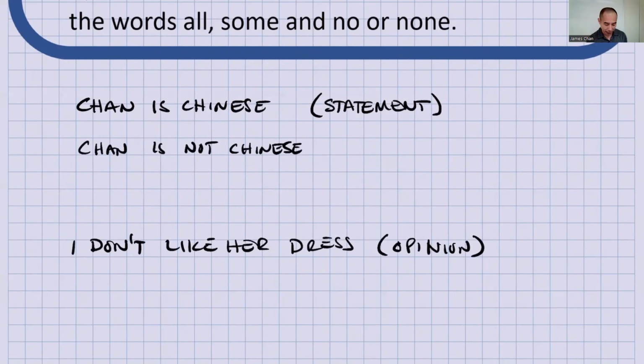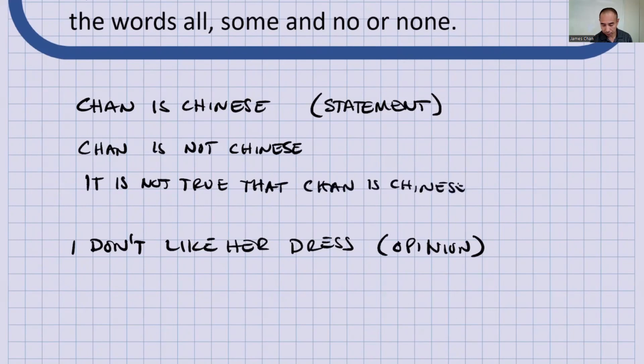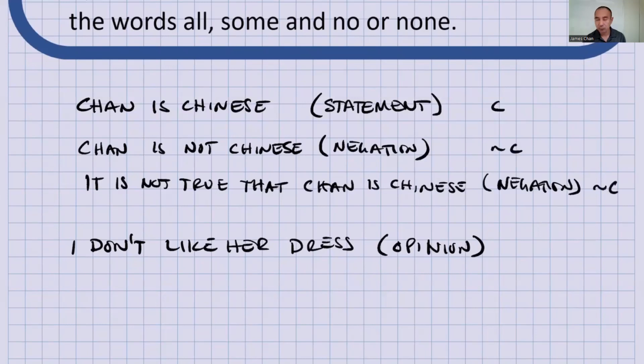You can say it is not true that Chan is Chinese. And with this statement, you might want to just use lowercase c. Then these two would be squiggly c, or not c. You don't have to use p necessarily.